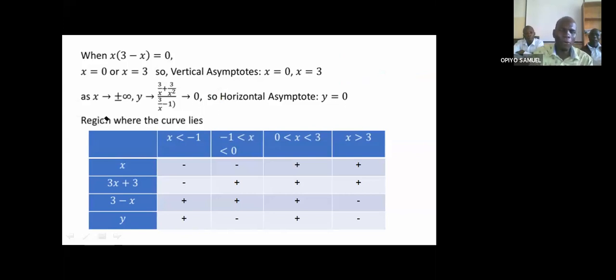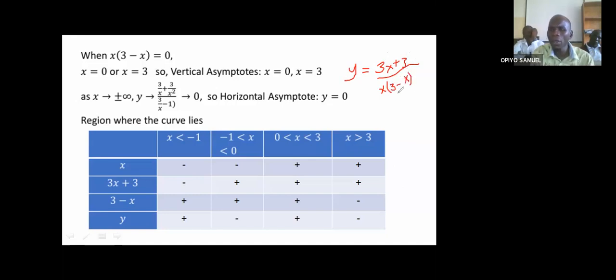Area number 4, when you're sketching a curve, you must find the region where the curve lies. Now, how do we get the region? First of all, from the curve, which is y equals 3x plus 3 over x into 3 minus x.